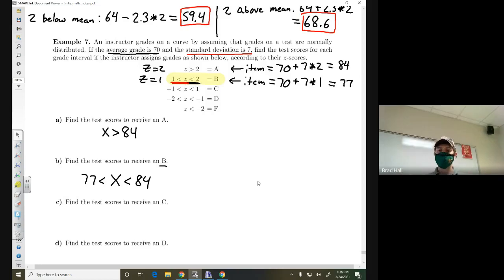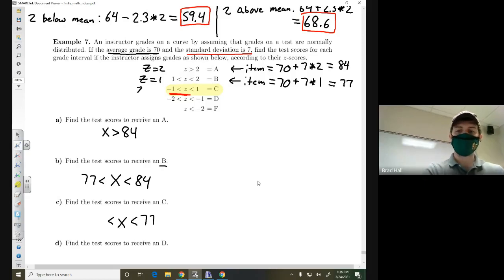Now we move on to the C grade. Well, we know what the upper bound of the C grade is, 77, because once you're above 77, you're in the B range. So what about the lower bound of C? What's the lowest grade you can make to get a C? So let's look at C, and we want to figure out the lower bound.